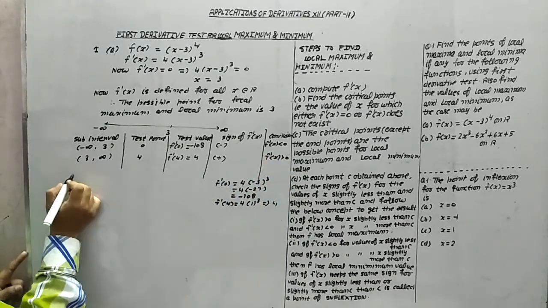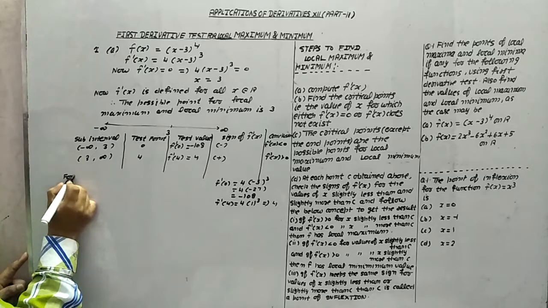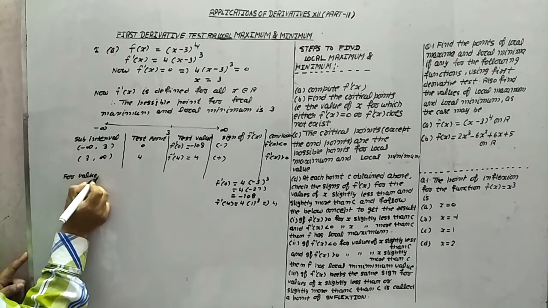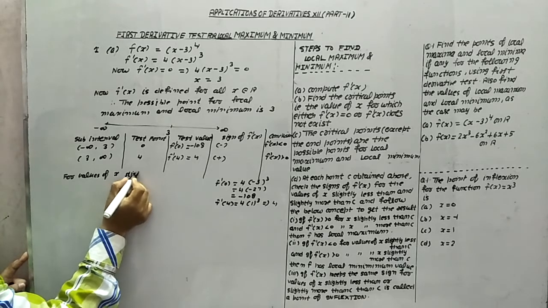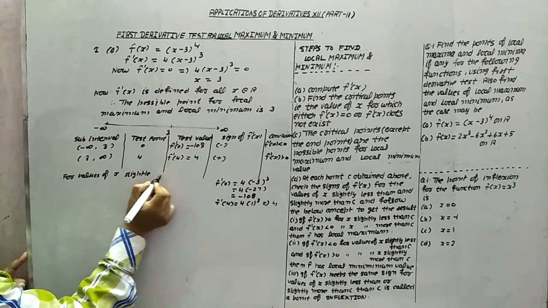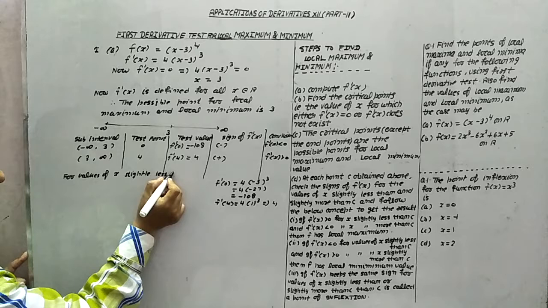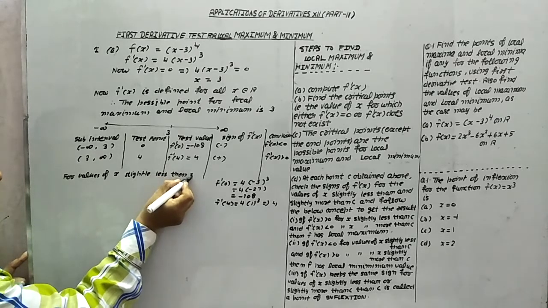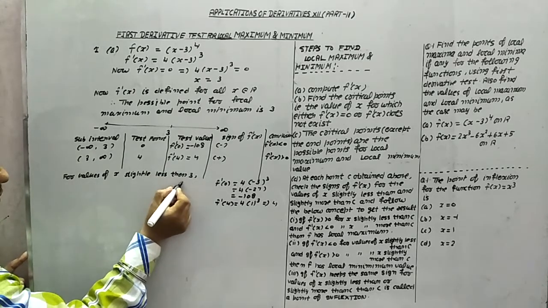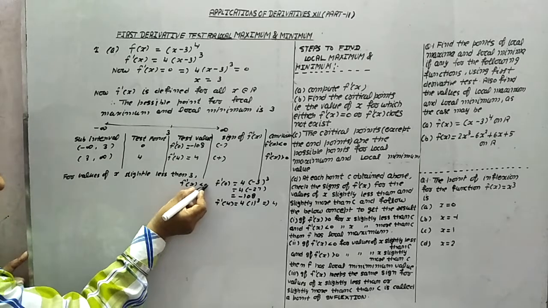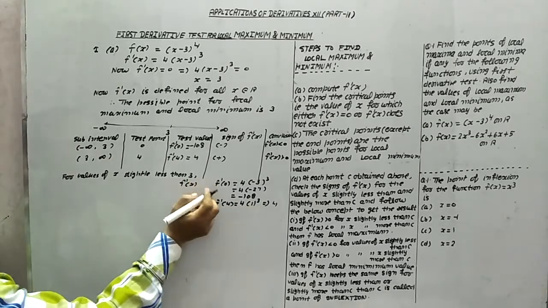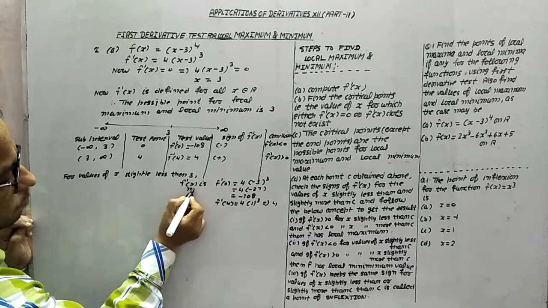Now what we are observing, for values of x slightly less than 3, we have f dash x is negative, less than 0.